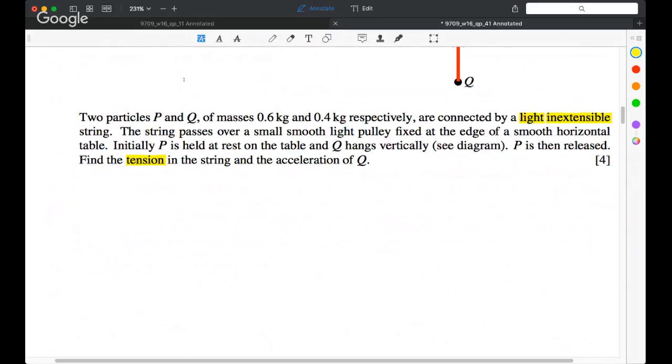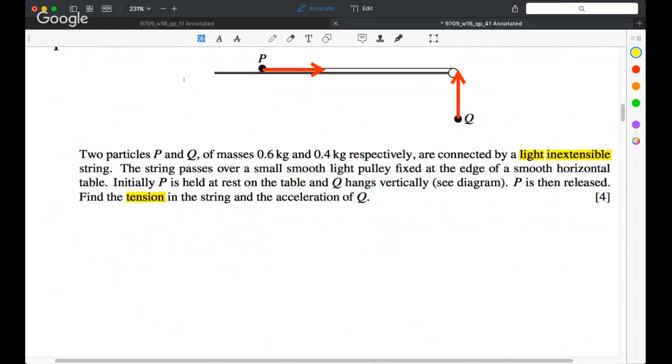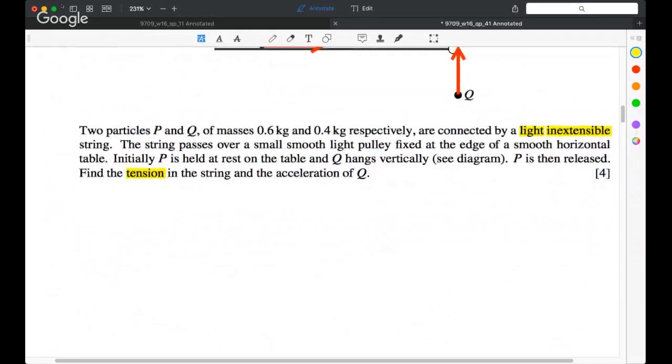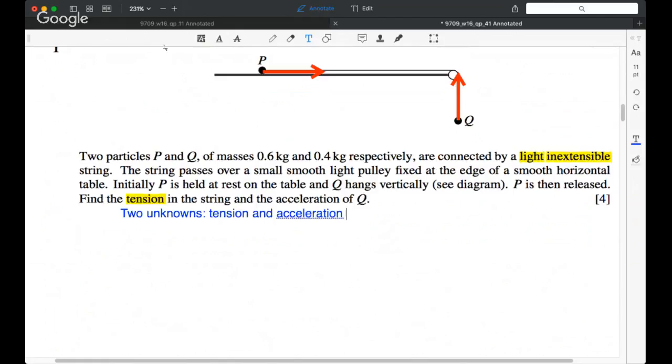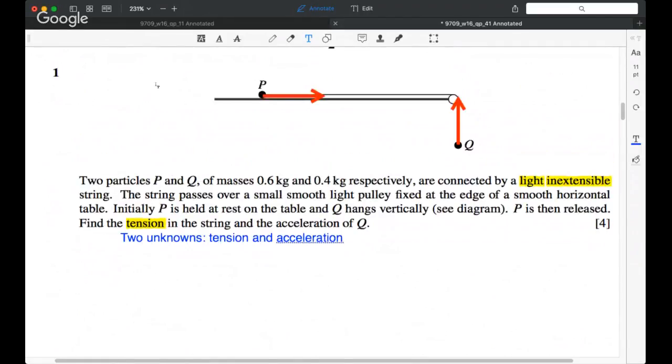And so straight away, because we have two unknowns, tension and acceleration, we have two equations.